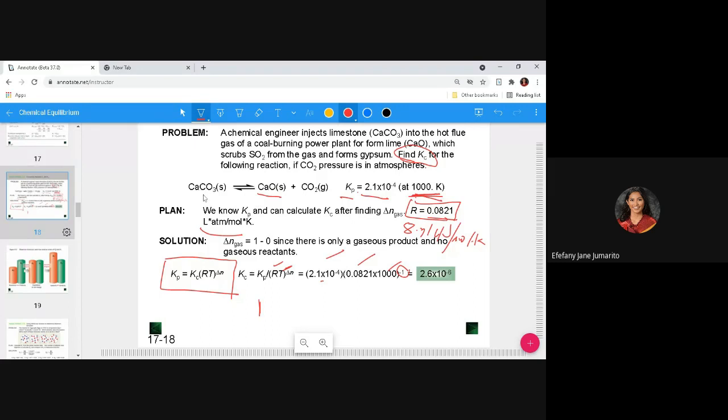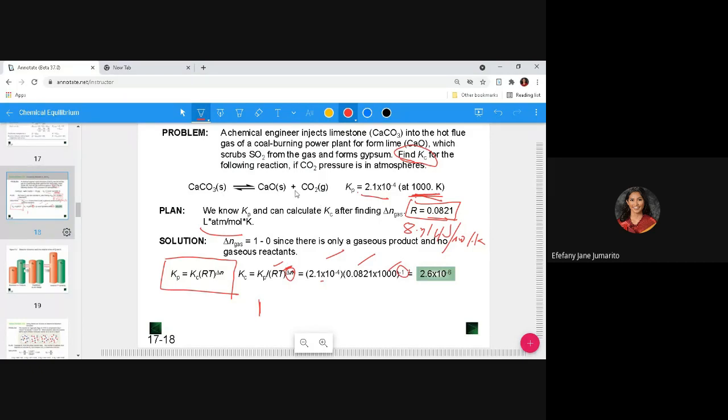Okay, only the coefficients, class. Now remember, class, that only gases and aqueous solutions can participate in reversible reactions. So when we write the Kc here, we do not include the solids and the liquids. We only include the gases. So here we have only the moles of gases, and here is the change of moles of gases in the product and in your reactant.